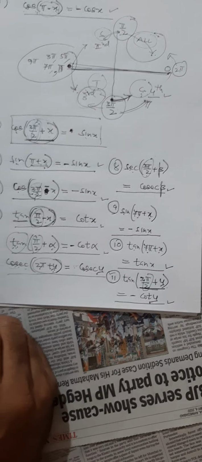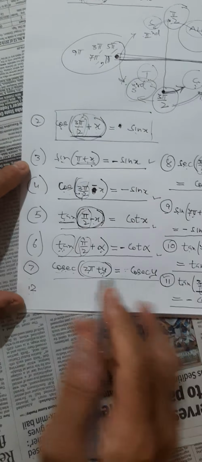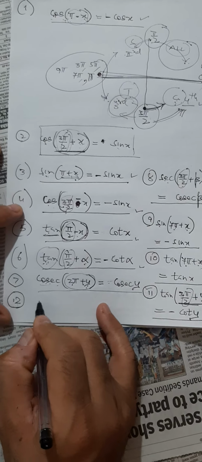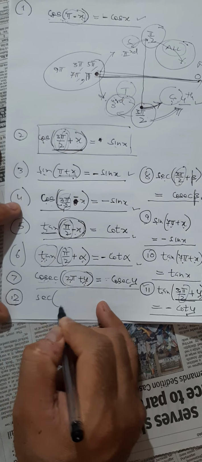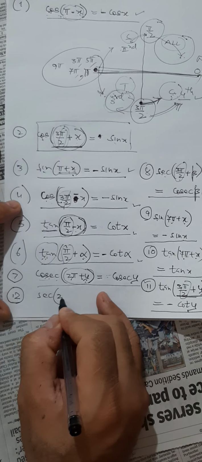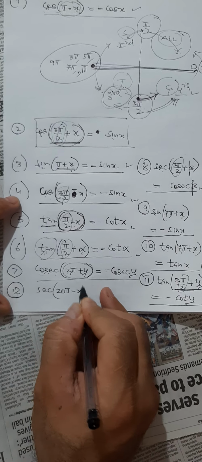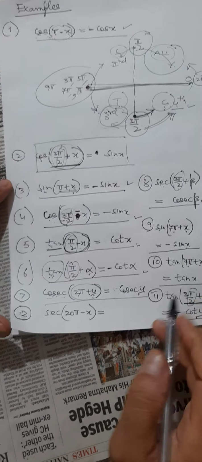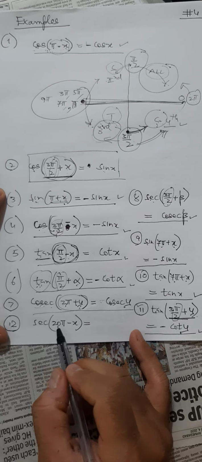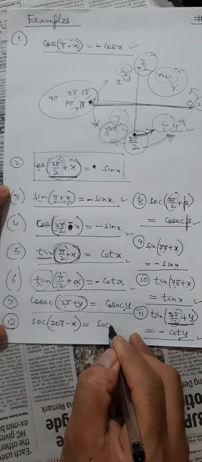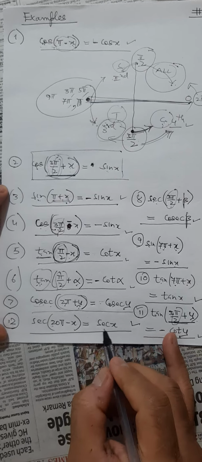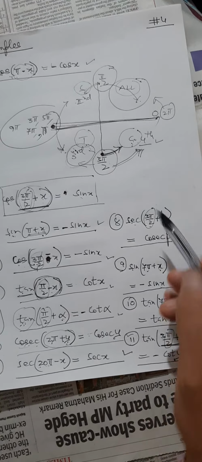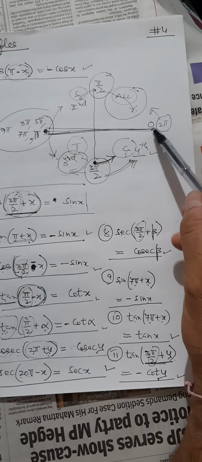Let's do one more. Suppose I want sec of 20 pi minus x. Here it is a multiple of pi, 20 pi, remember. So the function will be sec only on the right hand side. Now where is 20 pi? You know 20 pi is as good as 0 here, after 10 rounds.